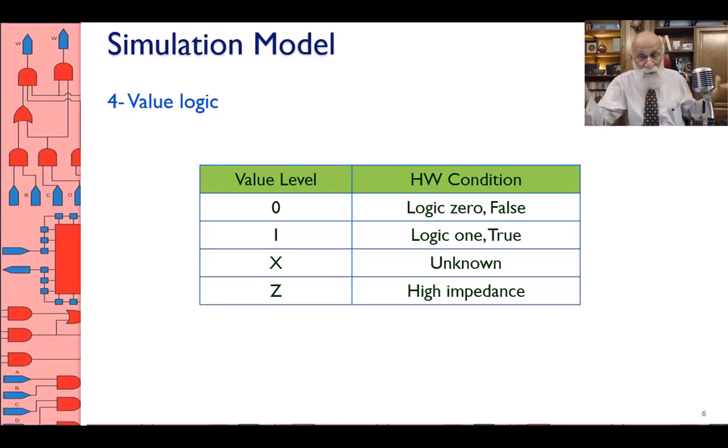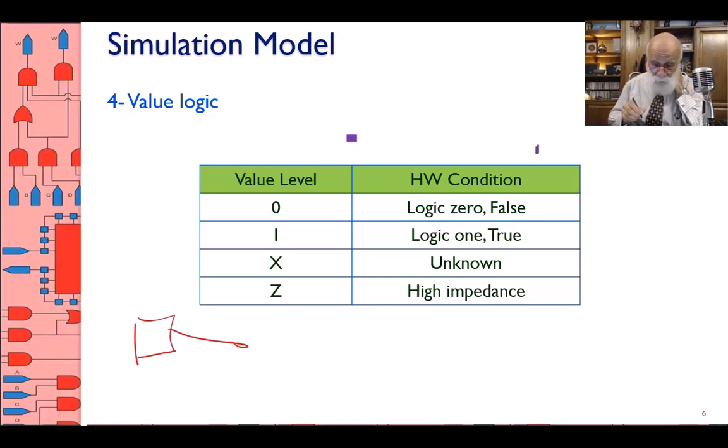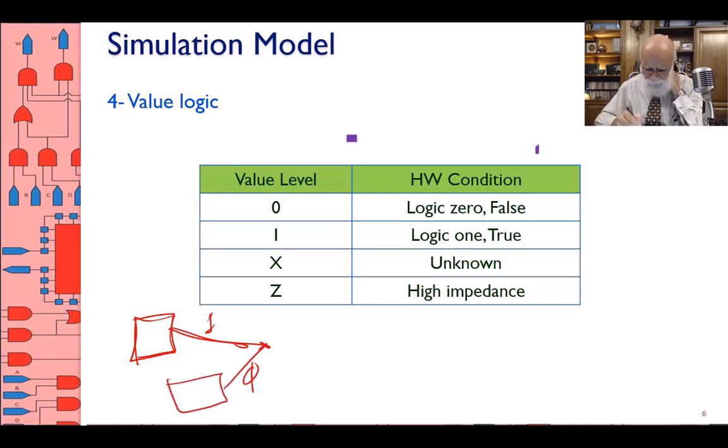But then there are other situations that may happen. What if one of my components is driving a line with a 1, and another, different component is driving the same line with a 0? What do I get? Do I get a 1 or do I get a 0? Remember, I said 0 and 1 are models, not actual values.